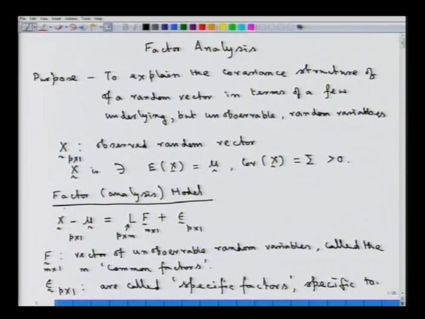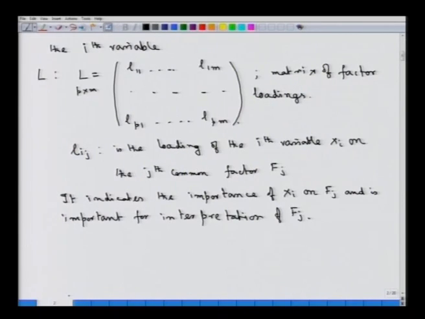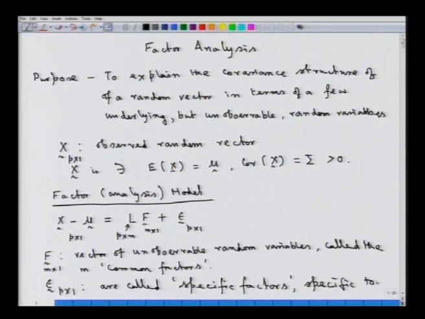So we write the x observed random vector, what we have as observations. This x minus mu is written as Lf plus epsilon, wherein this L is a matrix of constants, which we are calling the factor loadings matrix, and we have F, the vector of unobservable random variables called the common factors, and epsilon is the vector of specific factors.